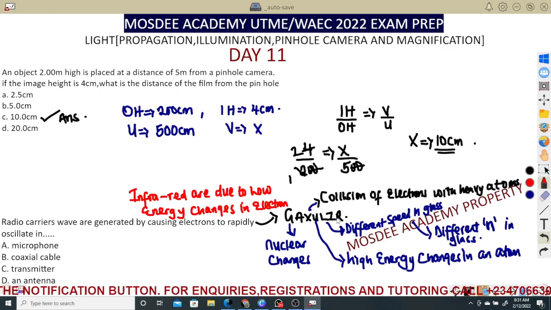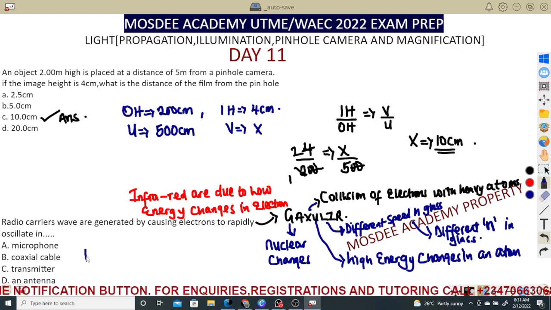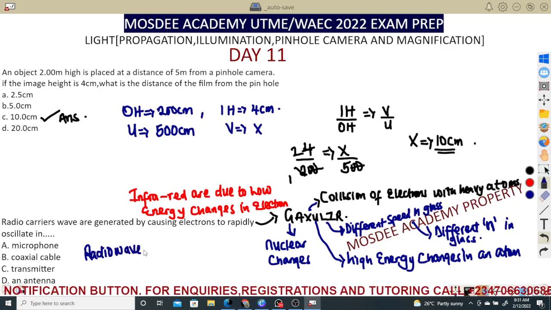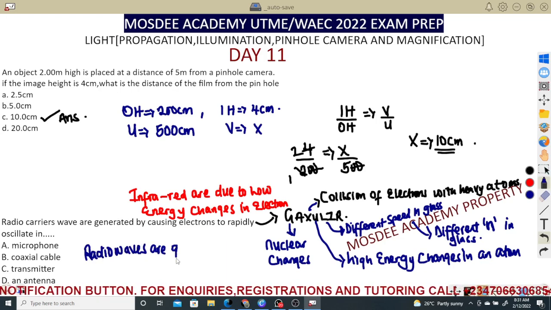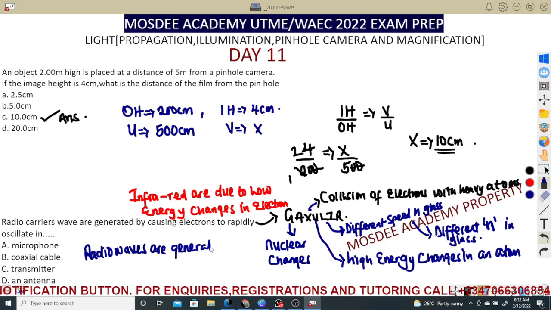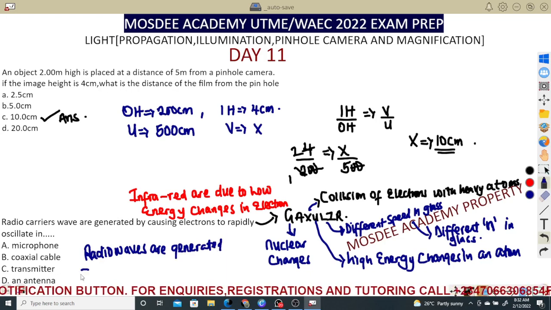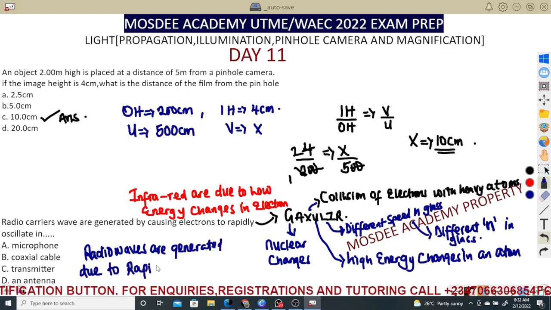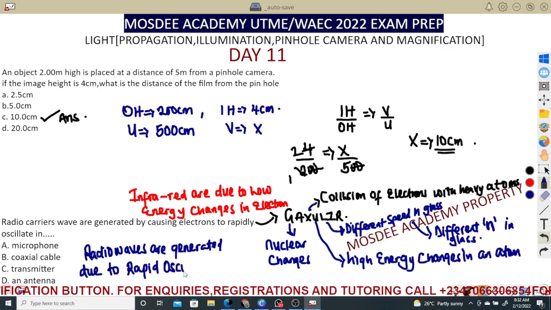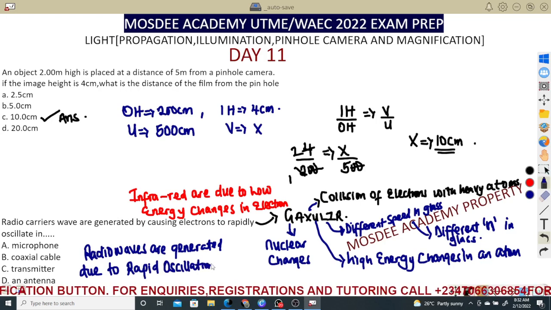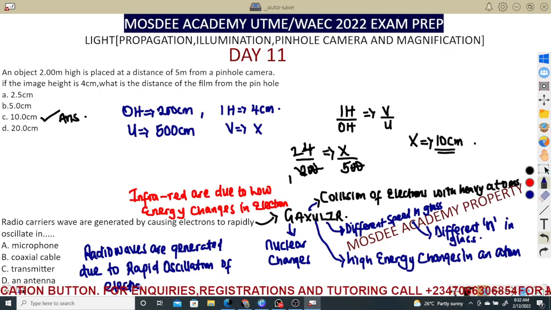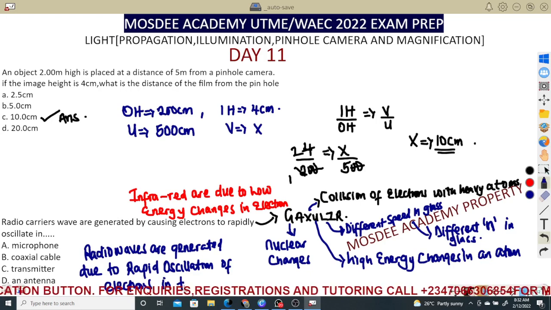The last is radio wave, which is what the question asks. Radio waves are generated due to rapid oscillations of electrons in the transmitter.